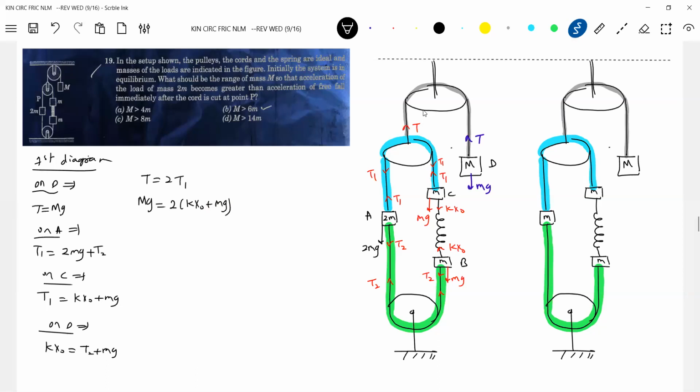Okay, there's one major equation. Further, Kx naught equal to T2 plus mg. Solving all those 4 equations, we'll finally end up with T2 plus mg plus mg. Whether it is useful or not, we'll see. Okay, at equilibrium now, I do have the tension T2 value, T1 value.